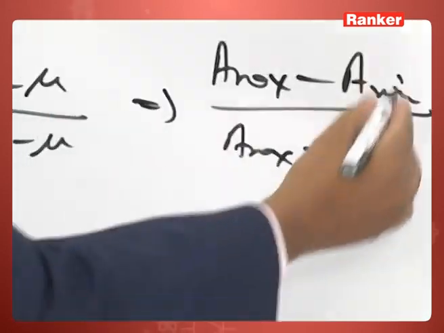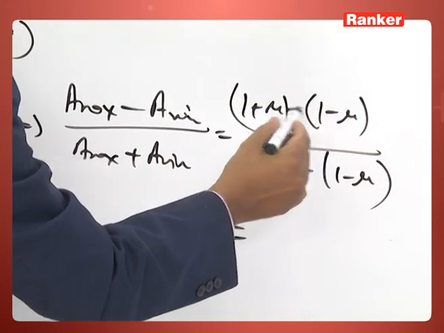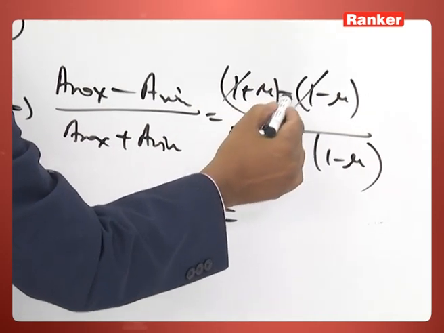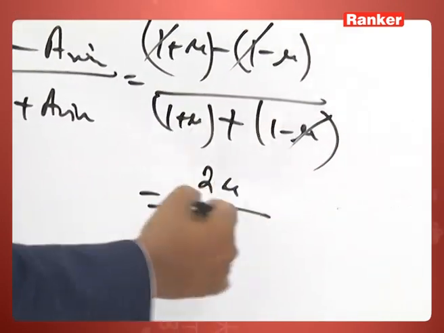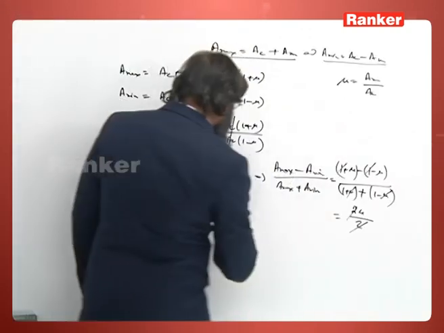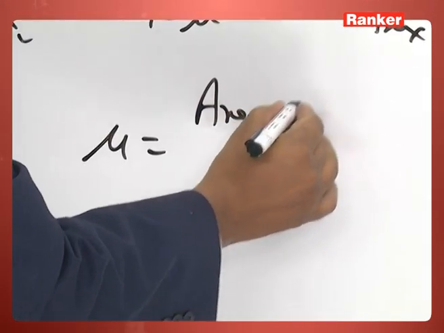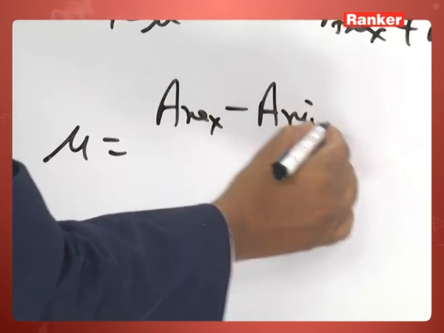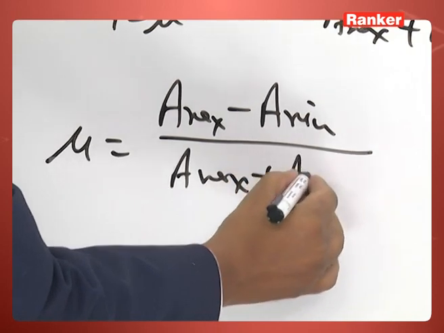So this will be equal to, here 1 will cancel, mu plus mu is 2 mu, and here mu will cancel, 2 is 2, so 2 will cancel. So mu, the modulation index, becomes A max minus A min by A max plus A min.